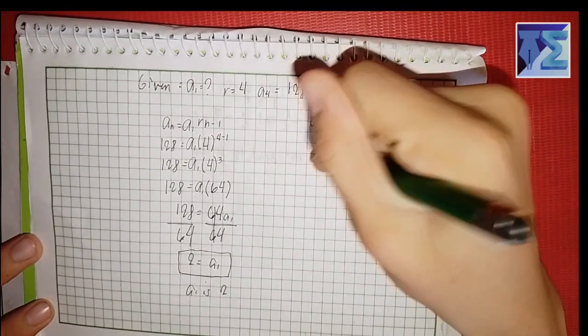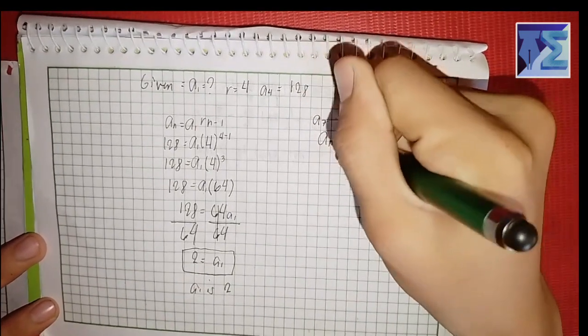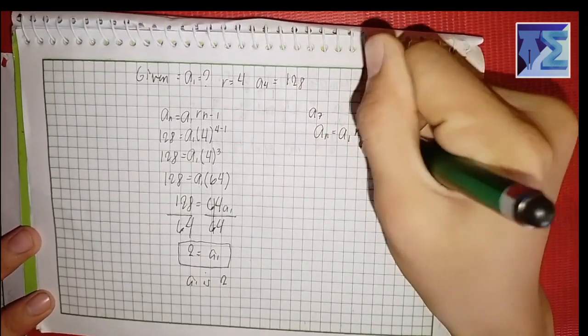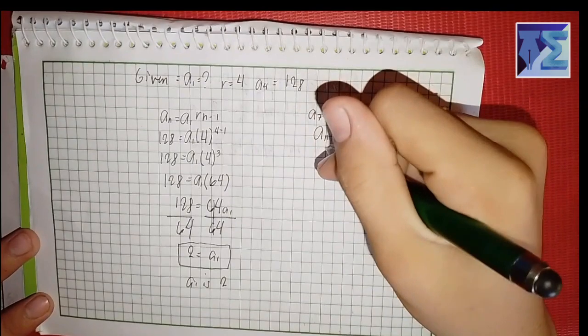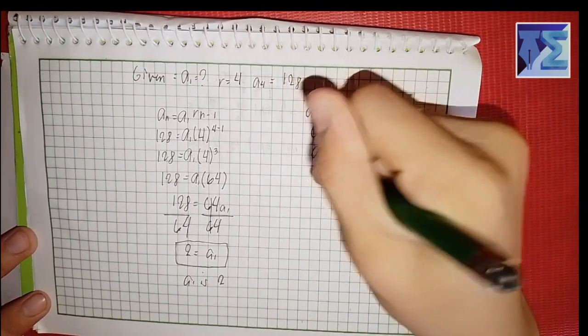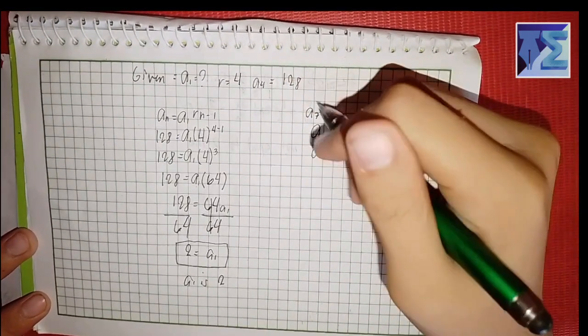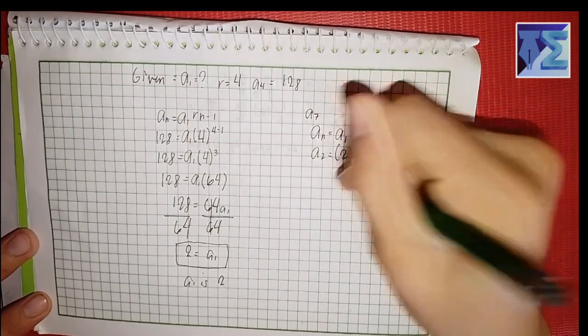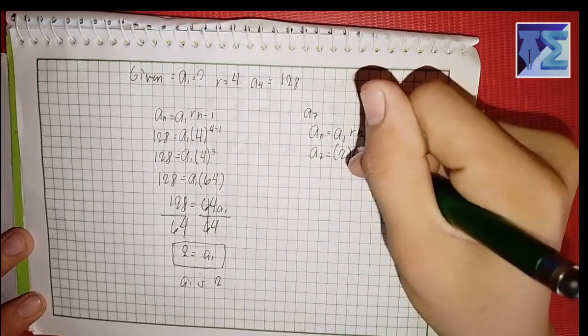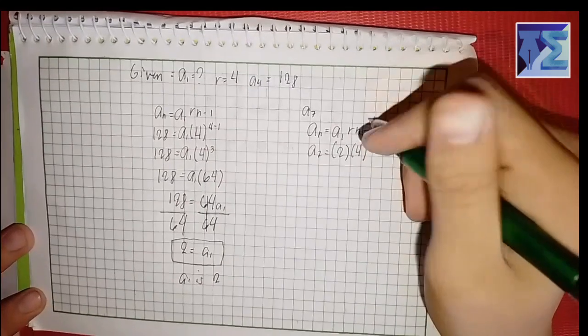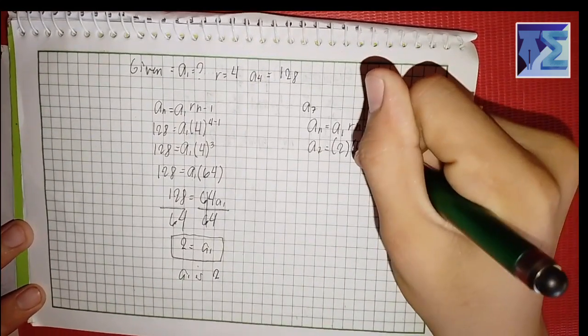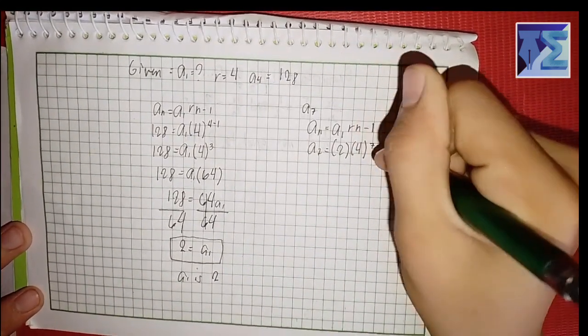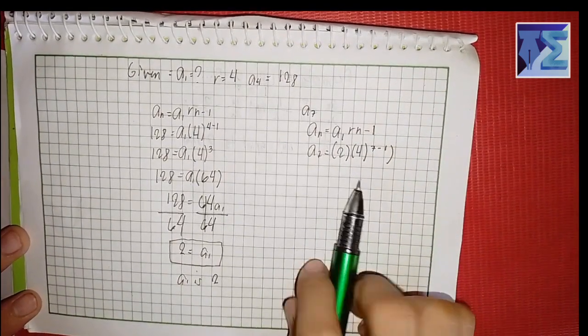Now we need to find a sub 7. So the formula we use is a sub n equals a sub 1 times r to the n minus 1. So the value of a sub n is a sub 7, the value of a sub 1 is 2, the ratio is 4, and n is 7 minus 1.